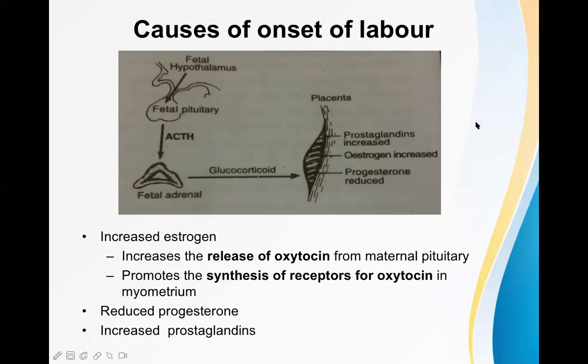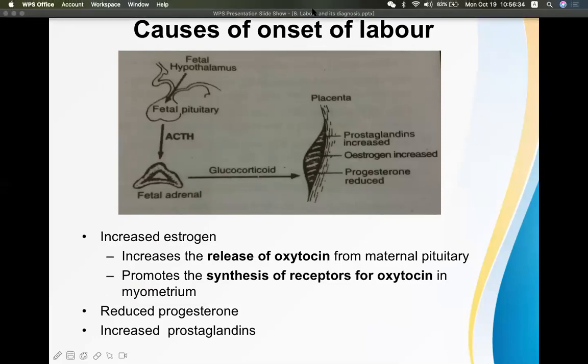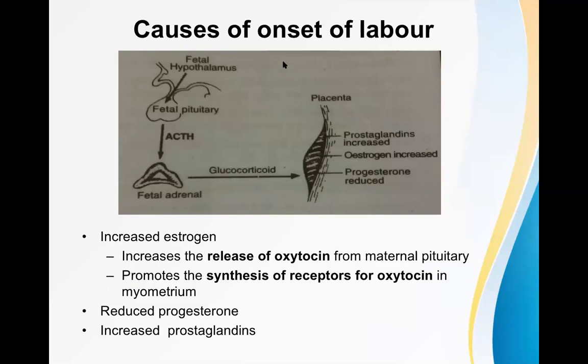We are reaching the important part already discussed in the last class though. What are the causes of onset of the labor? See here. Now see there. You have to remember this axis, the fetal pituitary and fetal hypothalamus. When the time for labor pain starts, that means when the baby reaches term, there will be release of ACTH, adrenocorticotropic hormone, from the fetal pituitary.